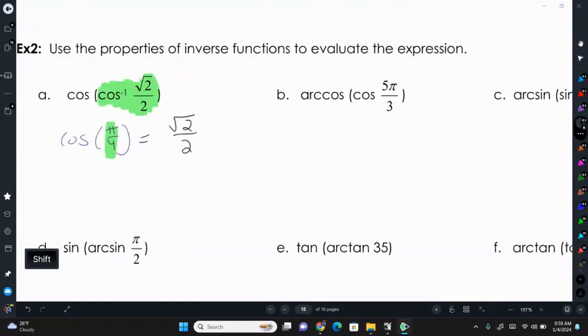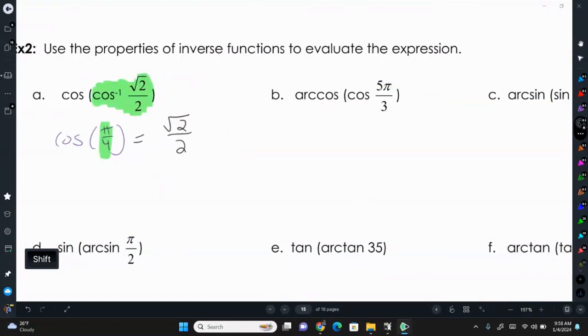However, for letter B, we're still in cosine, but now it's the inverse cosine of the cosine of 5 pi over 3. Well, what's the cosine of 5 pi over 3? So we have the arc cosine. Cosine of 5 pi over 3 is positive 1/2. Okay, so now when is cosine equal to 1/2?